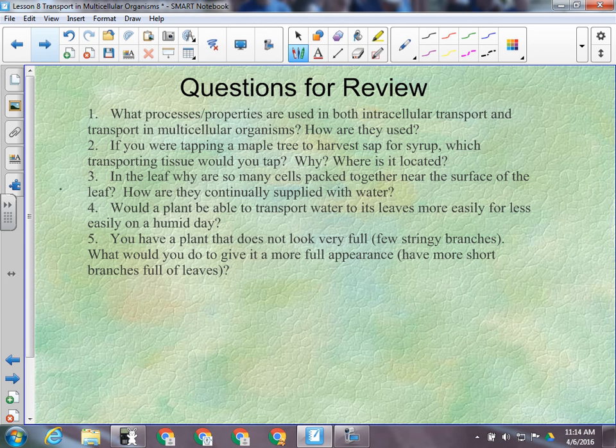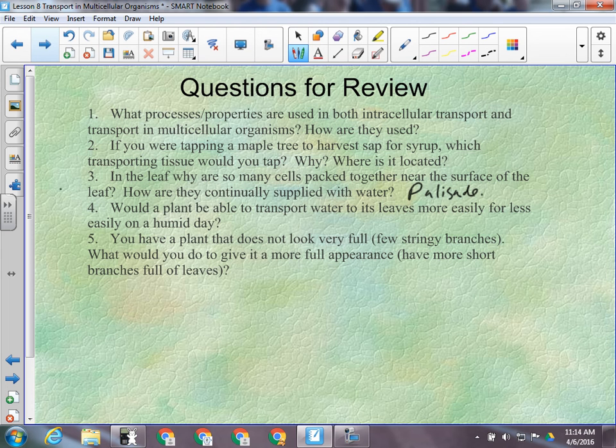Not the very top, but the layer that carries out all the photosynthesis, starts with P. The cuticle is the waxy layer. I'm looking for the layer that does the photosynthesis. Palisade layer, right? So we're looking here at the palisade layer, and that is supplied with water through the xylem. The xylem branches out into little veins and veinlets that go into the individual parts of the leaf and supply the palisade layer with water.